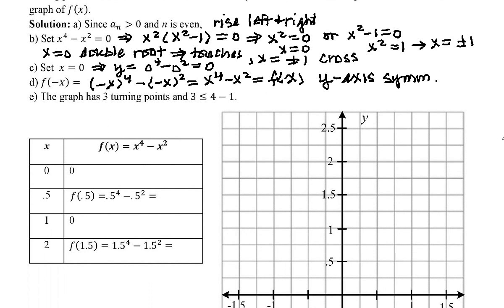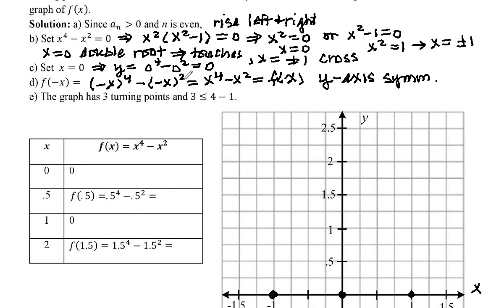So let's first plot some of our important points for the graph. So we have our x-intercepts, which are at 0 and plus or minus 1. So down here is the x-axis. And so we're going to hit at 0, and then out here at 1, and then here at negative 1.